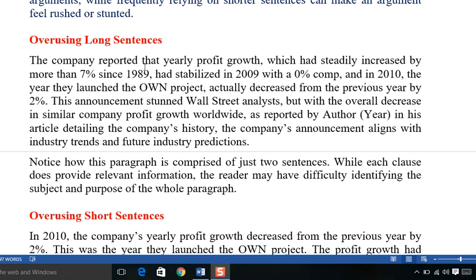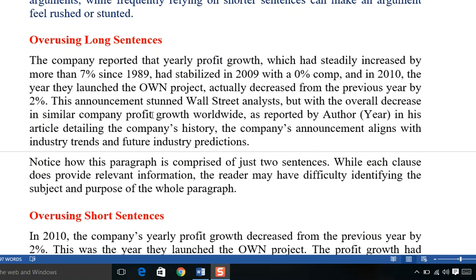The company reported that the yearly profit growth, which had steadily increased by more than 7% since 1989, had stabilized in 2009 with 0% gap. And in 2010, the year they launched the OWN project, it actually decreased from the previous year by 2%.